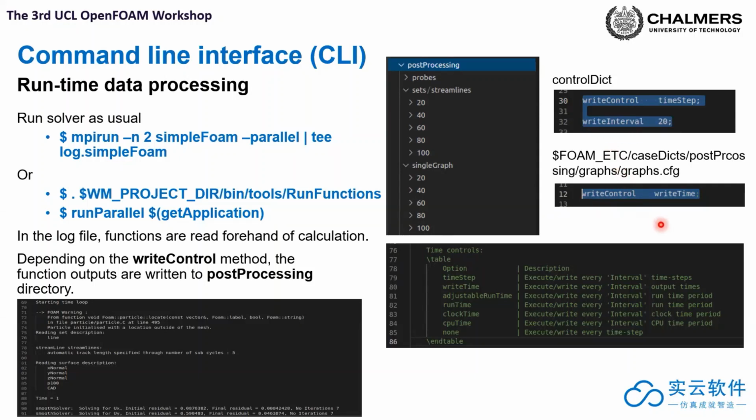If you want a more frequent sampling, you can change this writeControl to timeStep and then put another entry like writeInterval 1. In that case, it will be sampled every time step. For more information about how to use this writeControl and the time control, you can check this table. So you have different options specifying timeStep or writeTime or runTime or adjustableRunTime.